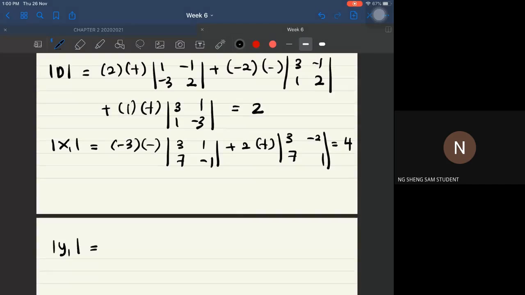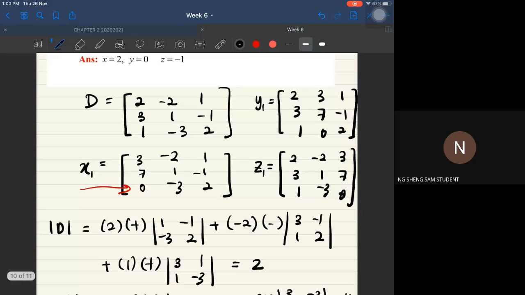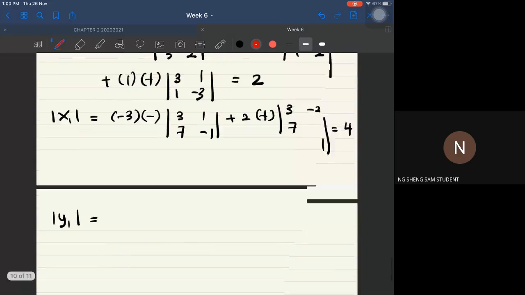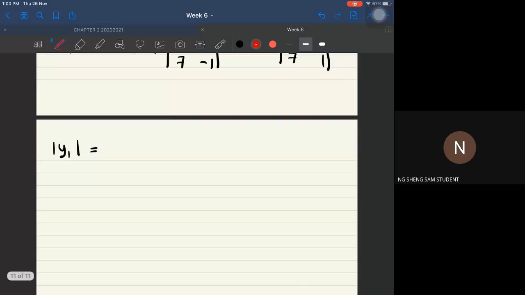Konsep yang sama. Okay, for Y1, saya masih menggunakan the third row sebab ada kosong. Okay, Z1 pun saya nak pakai the third row. So for Y1, if I'm using the third row, I will have 1 plus 3, 1, 7, negative 1. So plus 0 sebab tak ada value kan.